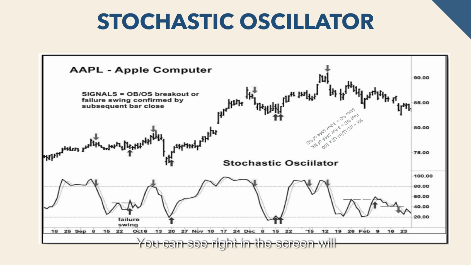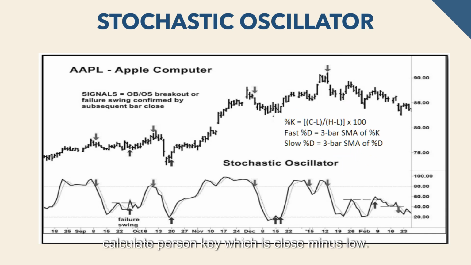The formula for stochastic you can see right on the screen. We calculate %K, which is close minus low divided by high minus low multiplied by 100, and we calculate fast %D, which is this solid black line, the 3 bar SMA of %K, which we just calculated, and slow %D is the gray line, which is again the 3 bar SMA of fast %D, this black line.